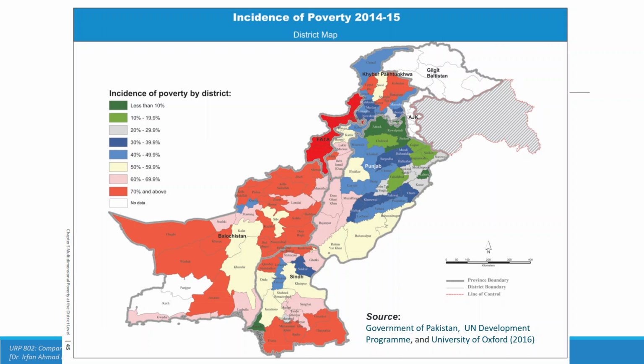In Sindh, Karachi is the only developed area with the least poverty, less than 10%, whereas the rest of Sindh is also deprived, at 50 to 70% or even more. This is the current situation of poverty in Pakistan.